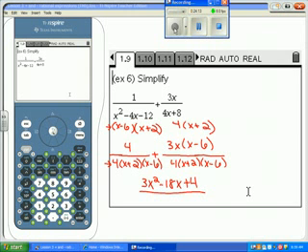Is everybody okay with how I wrote that? And the denominator, I have 4 times x plus 2, x minus 6. And that's where we're going to stop right there, because the numerator's not going to factor. How'd we do? Did we get it?